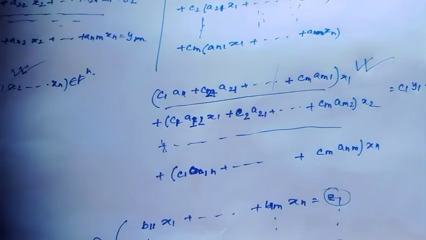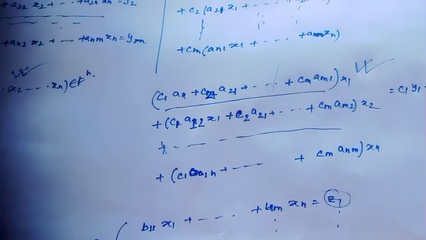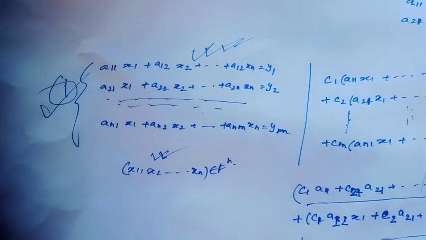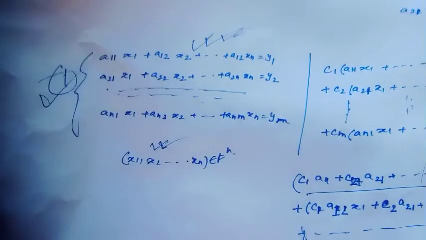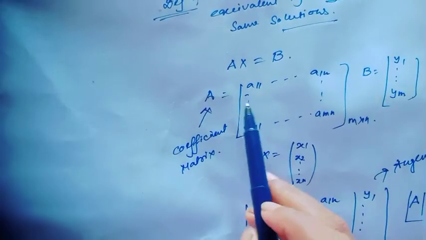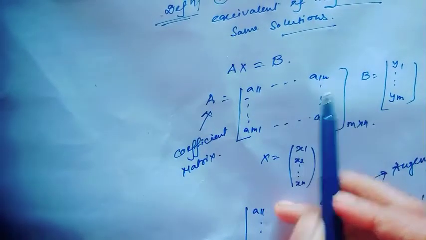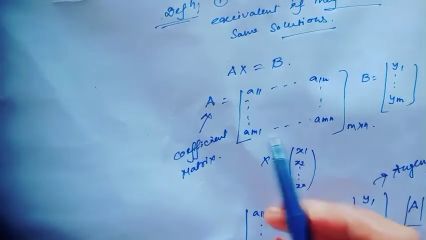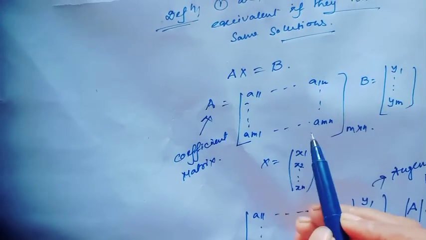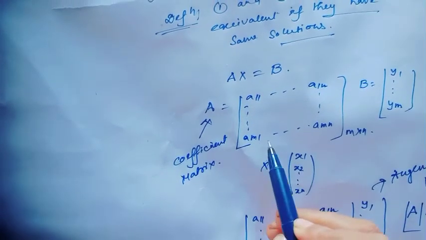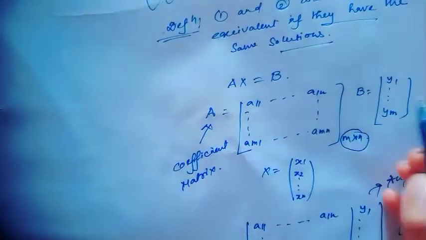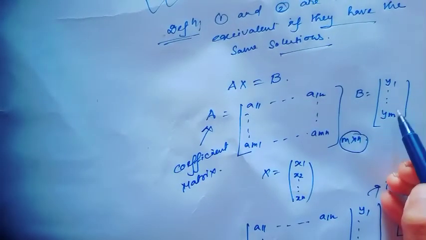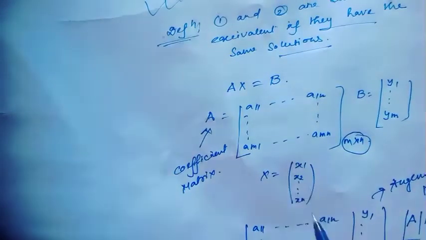For this, what will we do? Consider the equation AX equal to B, where capital A is the coefficient matrix. That means A11 up to A1n, continuing, and the last row would be Am1 up to Amn, an m cross n matrix, and B would be Y1, Y2, Ym, and X means X1, X2, Xn.